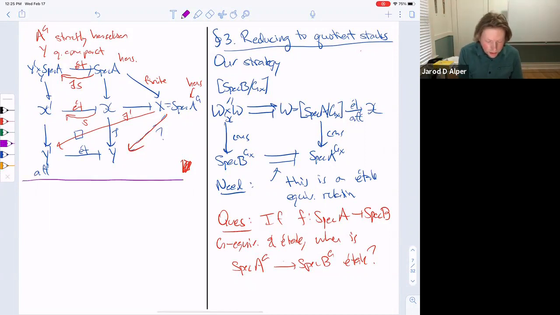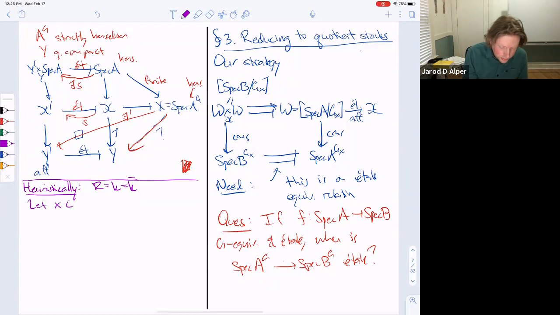And I'm going to give a precise statement in a moment, but let's just argue heuristically to try to see what properties we should impose. Let's just assume for this heuristic argument that everything is over an algebraically closed field, and let's let X be in Spec A.